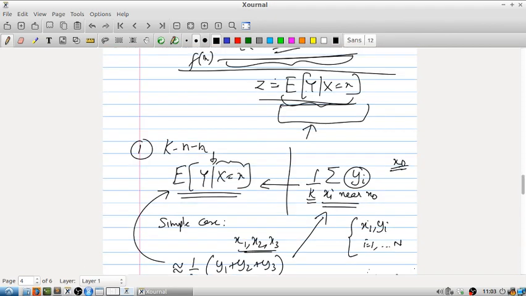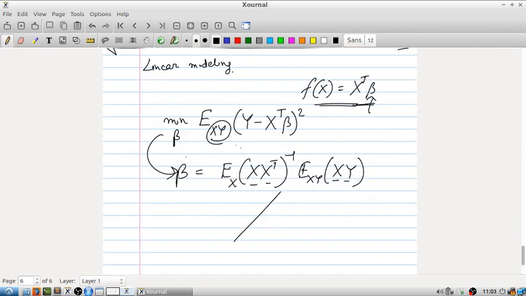So this was the best f without any assumption about linearity, and KNN was somehow approximating this expression, right? If you assume a linear model, which is like this, then the best function, because beta pretty much parameterizes this function, is actually this, the expectation of x x transpose.